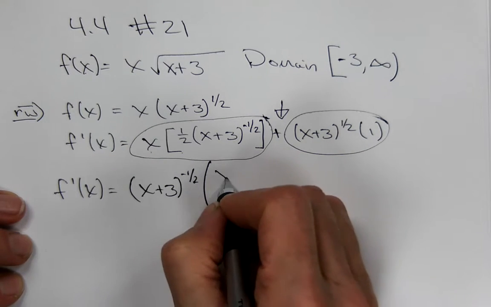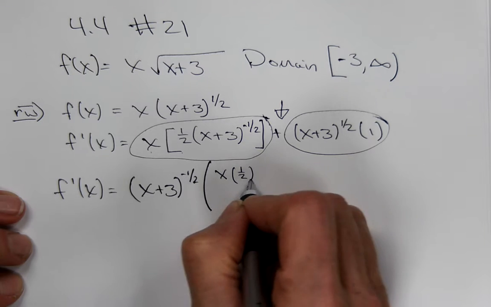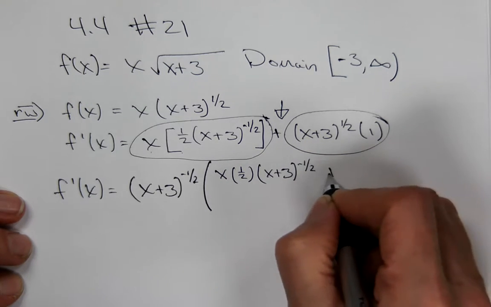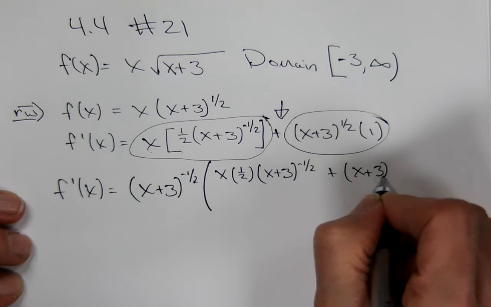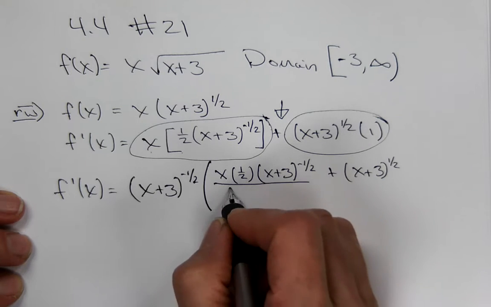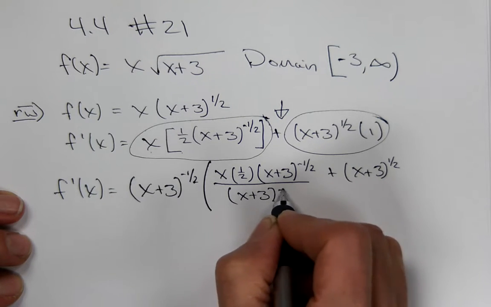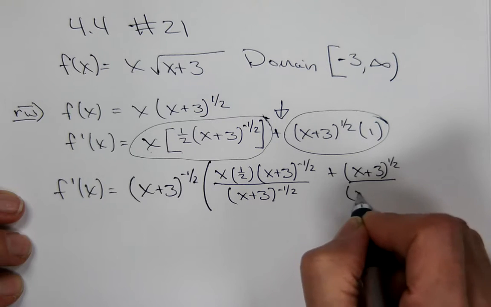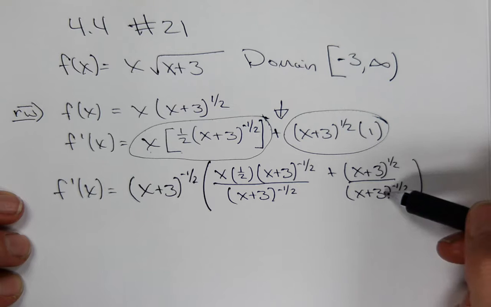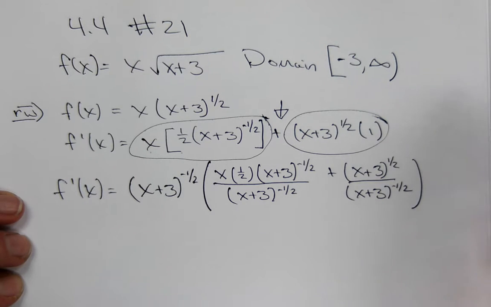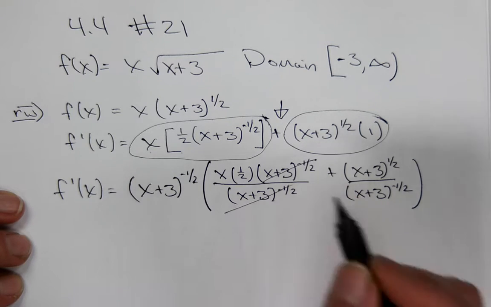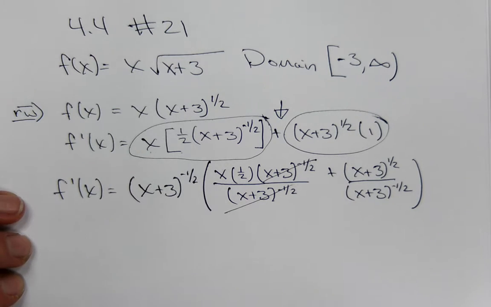To figure out what I get from doing that, I can rewrite the original equation and divide by whatever I'm factoring out. And we know when the bases are the same and you're dividing, you subtract the exponents. So for this first term, the (x plus 3) to the -1/2 will cancel because they're identical.